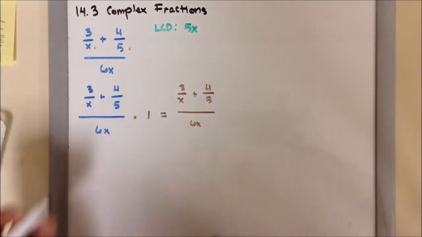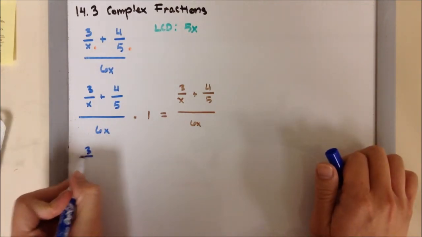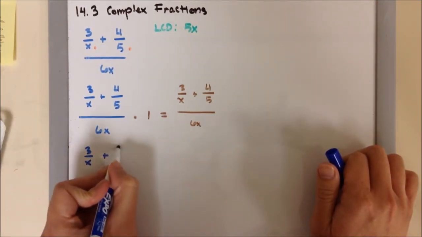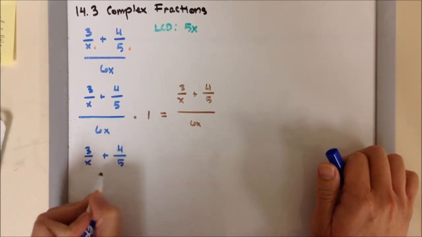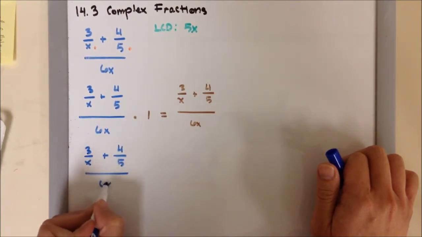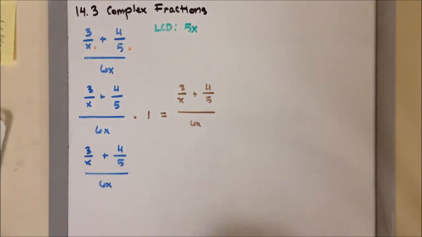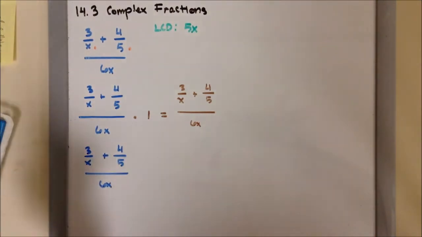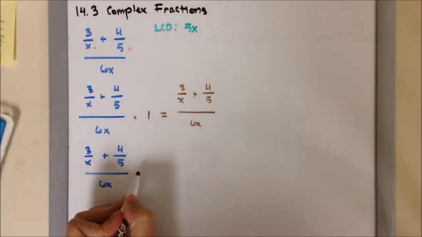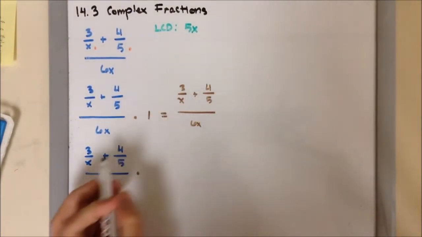So I'm going to rewrite the complex fraction again. And instead of 1, I'm going to multiply by a fraction where the denominator and the numerator are the same, but this time we're going to use the LCD.